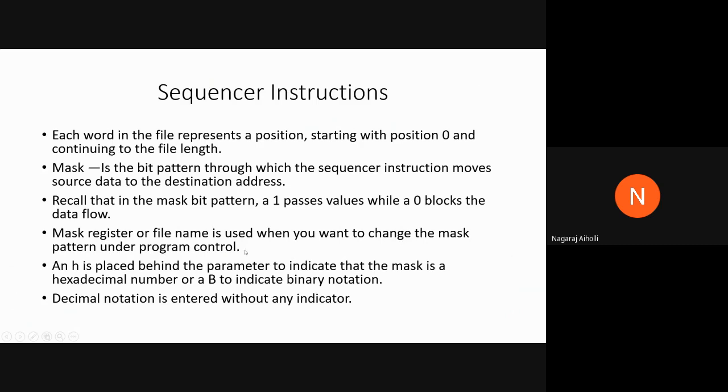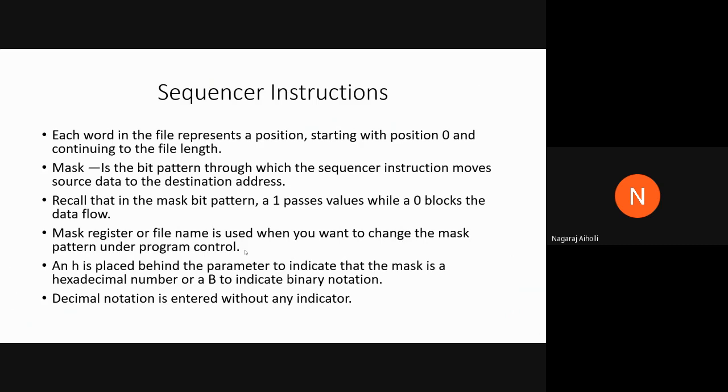If an H is used behind the parameter, that indicates a hexadecimal number. If a B is used behind it, then it indicates a binary number. If nothing is used behind the mask data, that means it is a decimal number.